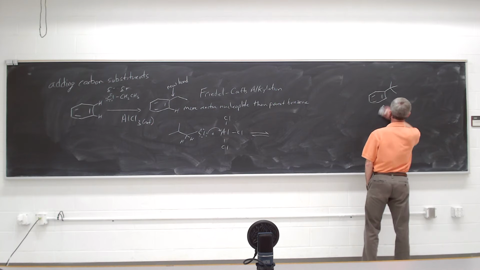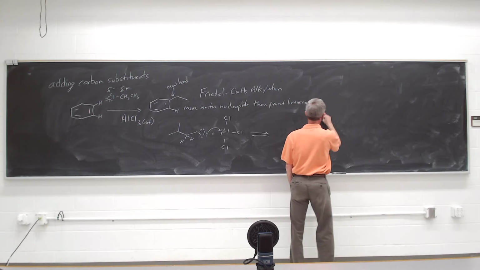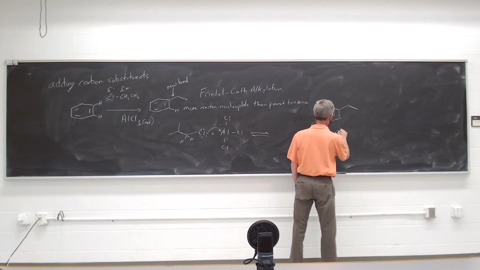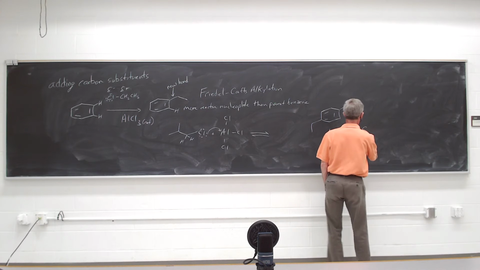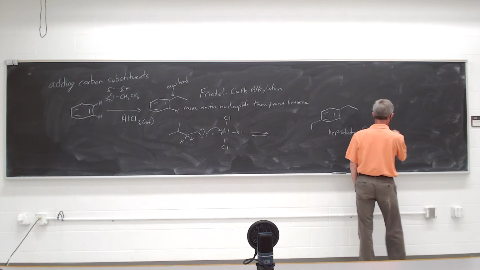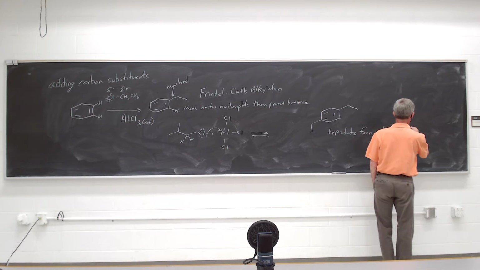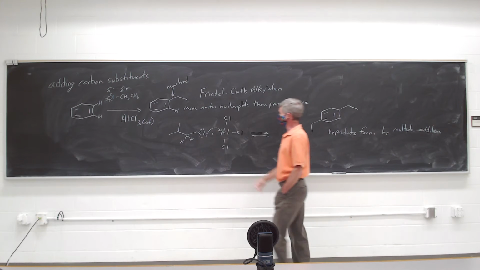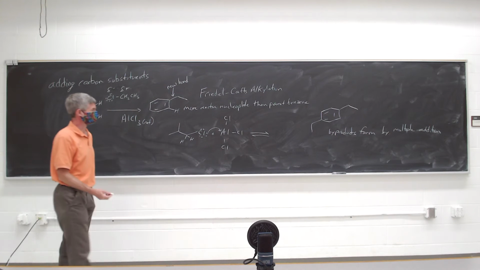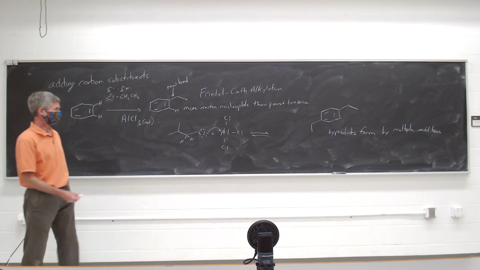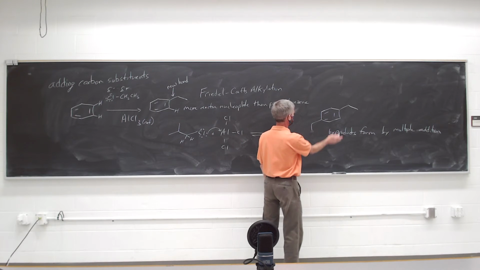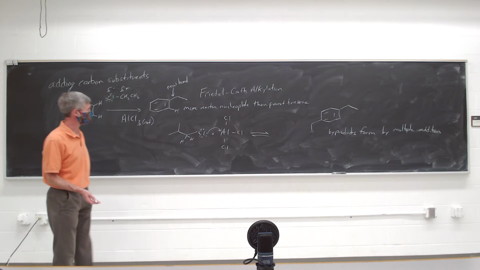We can't solve that problem by limiting it to one equivalent, because as soon as you make the ethylbenzene, if it collides with the electrophile, it's more likely to react than the benzene was in the first place. So we won't convert all of the benzene to ethylbenzene, and we will end up converting some of the ethylbenzene to diethylbenzene, maybe even triethylbenzene.